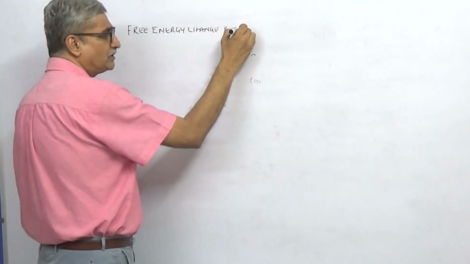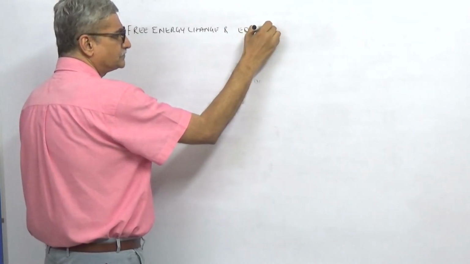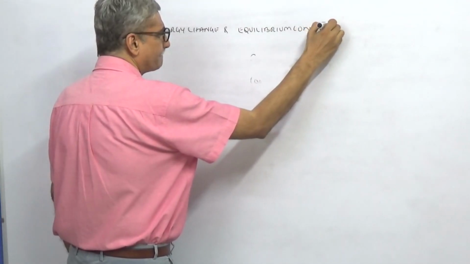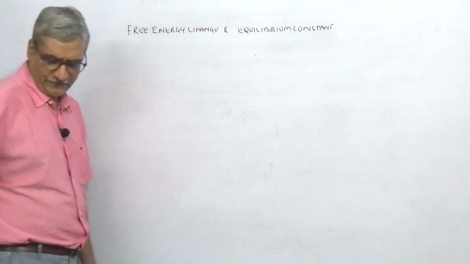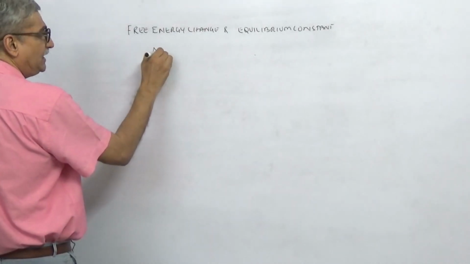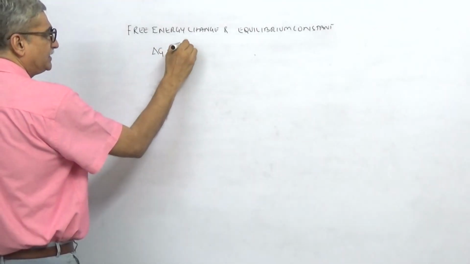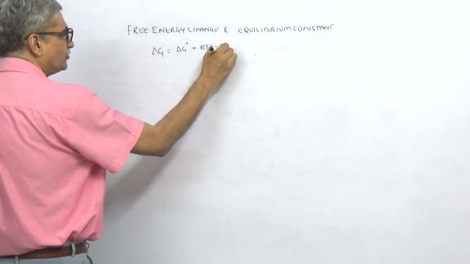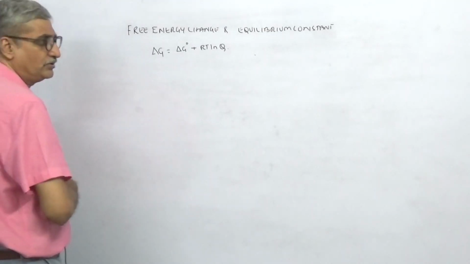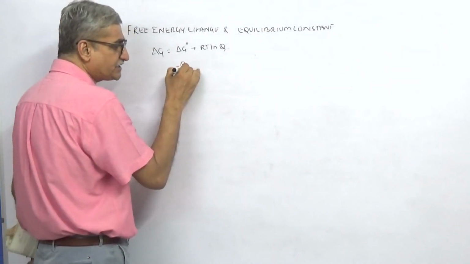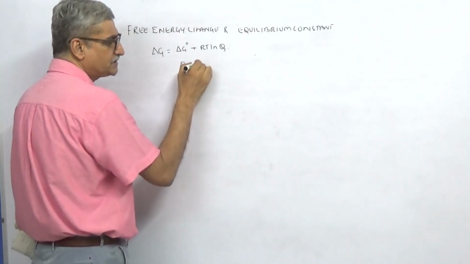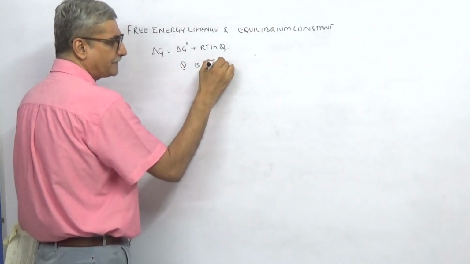Now, free energy change and equilibrium constant. See, what happens is delta G will be equal to standard free energy change plus RT ln Q. What is Q? Q is the reaction quotient.